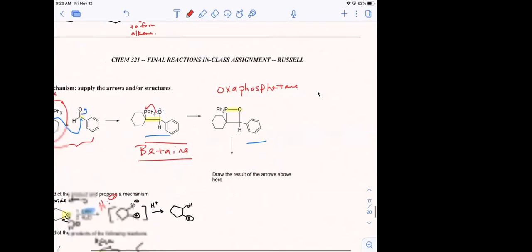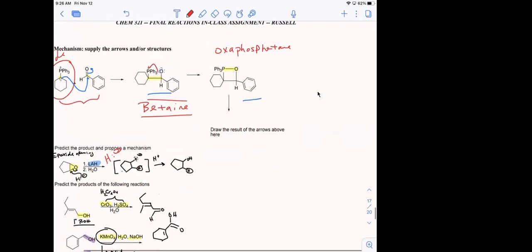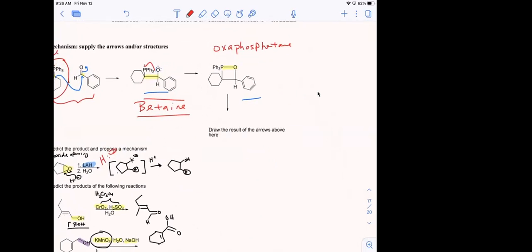All right, so now this intermediate is where my product comes from. So it's going to break down or decompose.